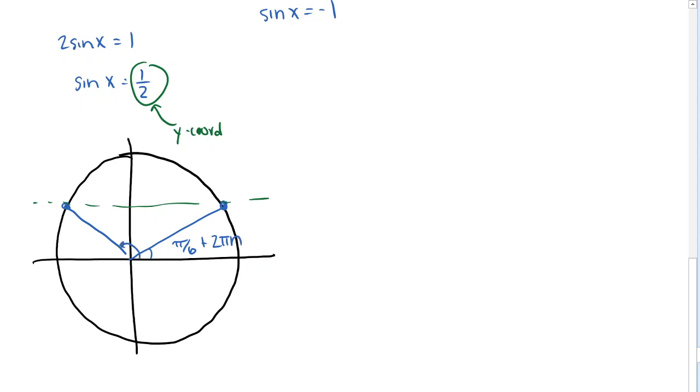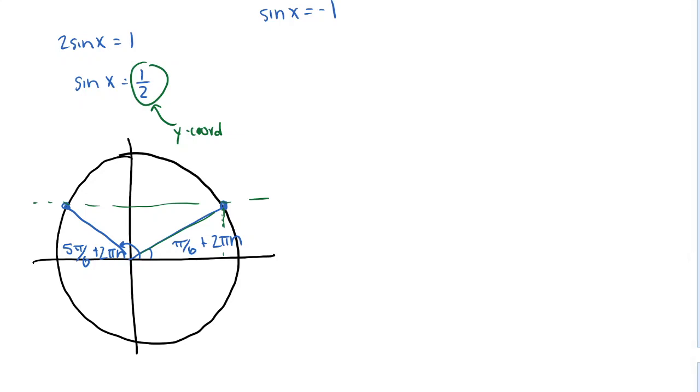Whereas another angle is 5 pi over 6, and its coterminal angles. Right, so really these are just angles that are 30 degrees away from the x-axis, or the horizontal axis. And so here we get a 30, 60, 90 triangle with the height of these triangles as 1/2, the short side length of the triangle.